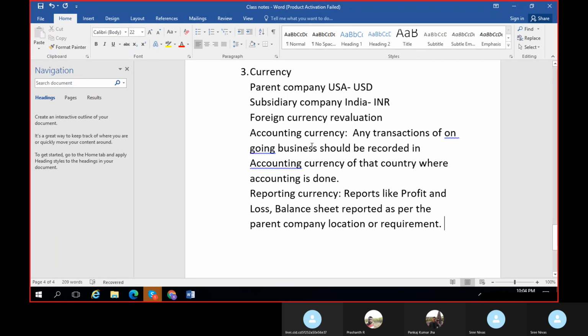Once we configure, we will have to import this currency. This is a separate configuration topic, where every day, depending on the currency fluctuations, those fluctuations get converted in the back end in Dynamics 365. You need not do it manually.